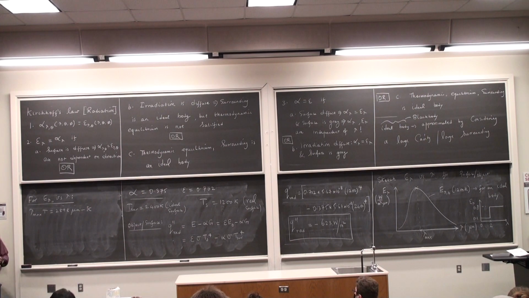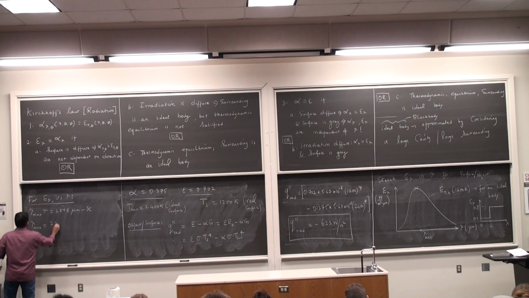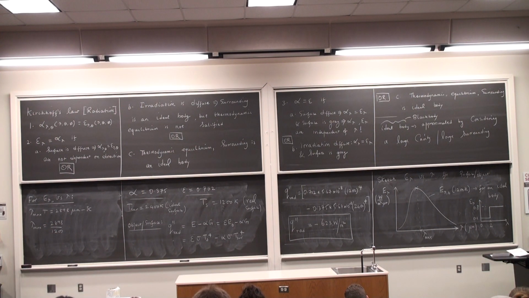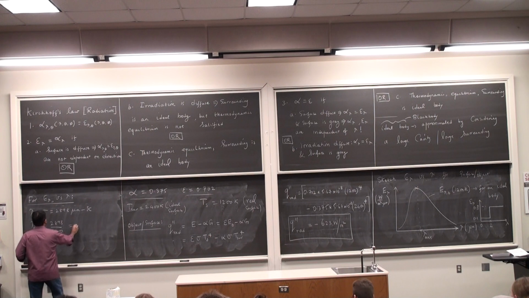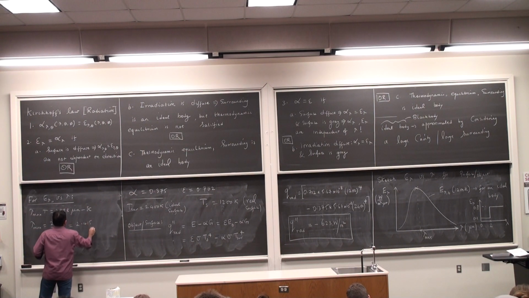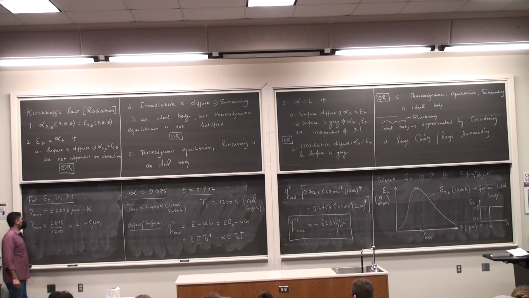This is Wien's law of displacement. This is for the ideal curve. Okay, this is not for the real surface. So lambda max is 2898 divided by 1200, which is the temperature of the surface. If it were behaving as an ideal surface, this is approximately 2.4 micrometers. And so now there are 2 possibilities.